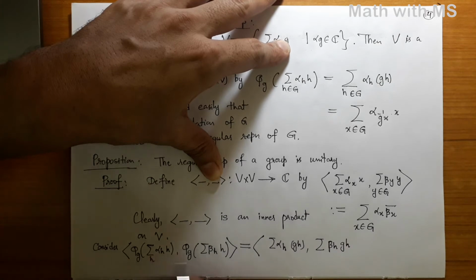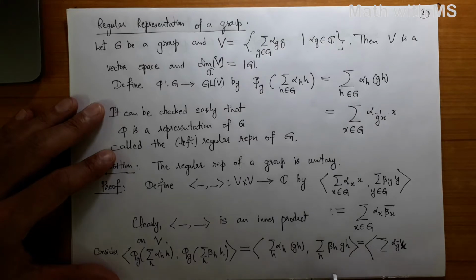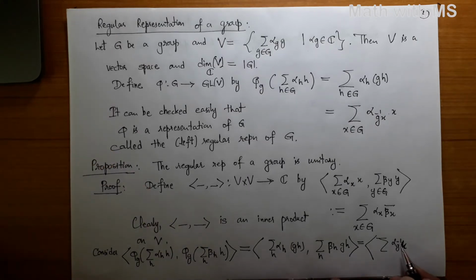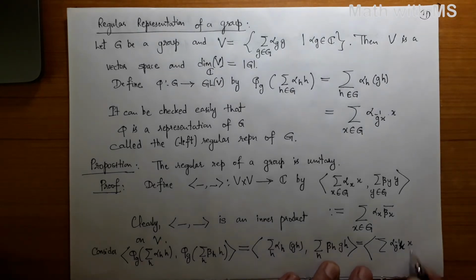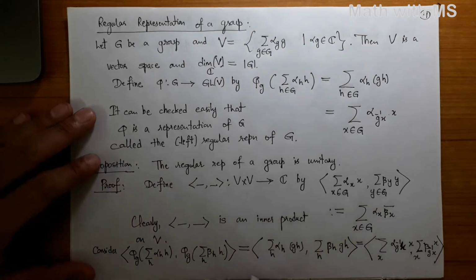The summation here is over h. After doing a change of variable, we can write it as Σ α(g⁻¹x) x and Σ β(g⁻¹x) x, and then this inner product.